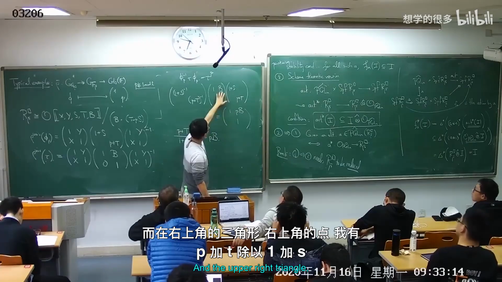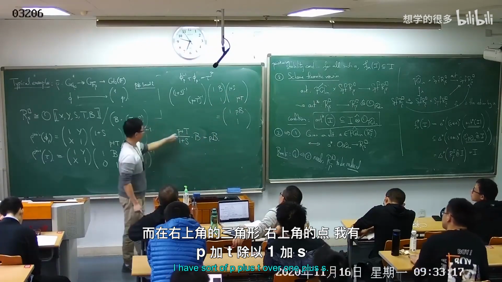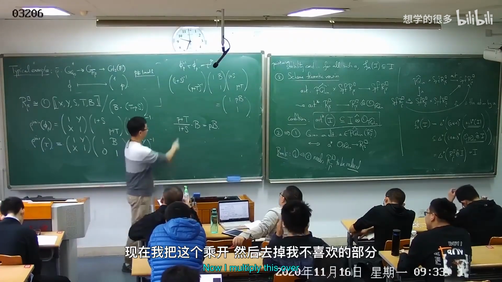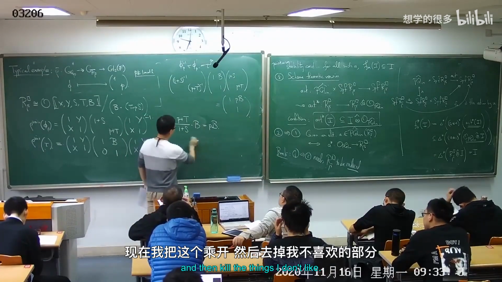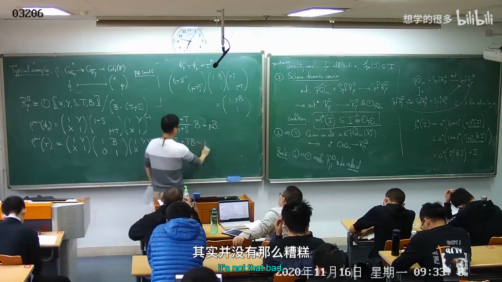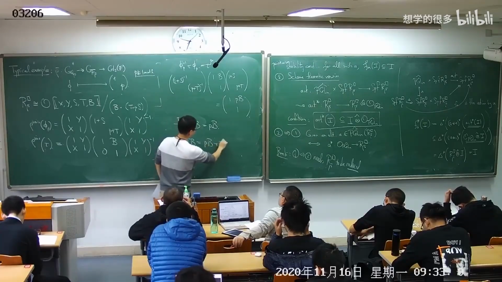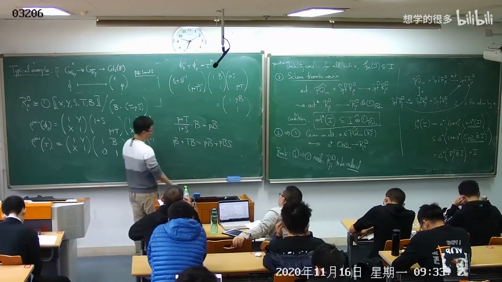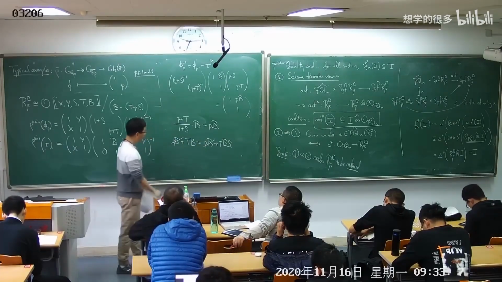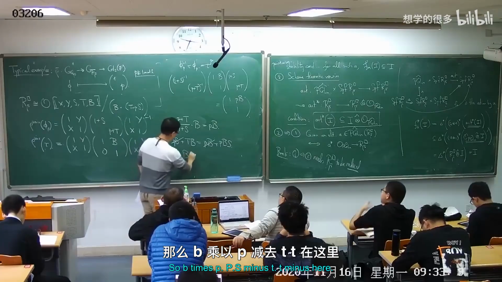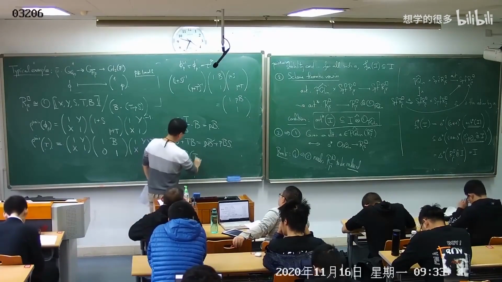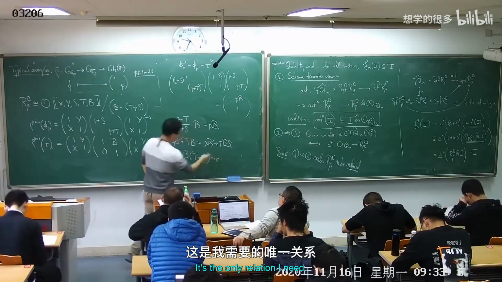And in the upper right entry, I have p plus t over 1 plus s. Now I multiply this over and kill the things I don't like, so I have tb. Maybe I just write it down. It's not that bad. I multiply this over and expand it out. The pb terms kill each other, so I have b times (ps minus t). That's the only relation I need.